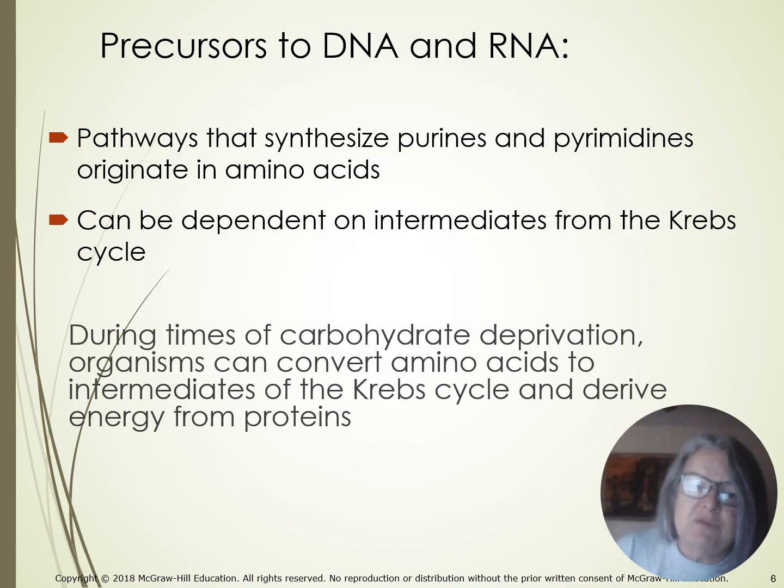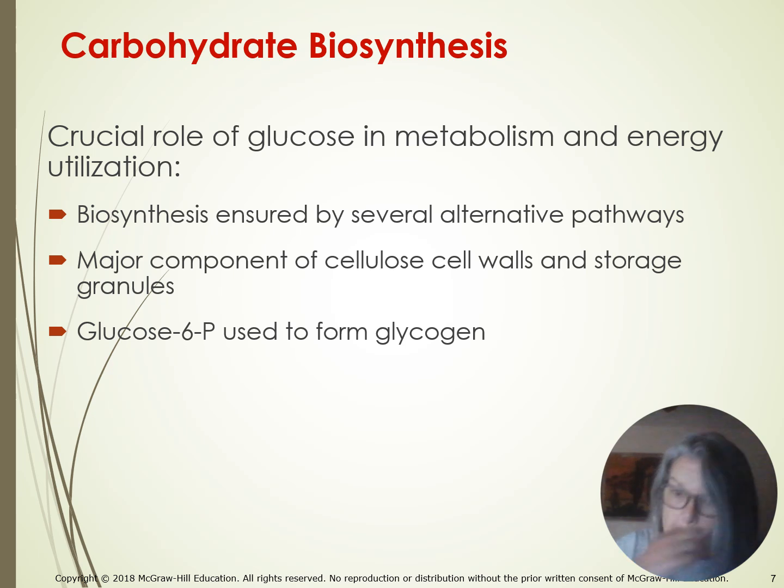And if you are in carbohydrate deprivation, if the cell is starving, is really what that's saying, you can actually convert amino acids and use them as the energy in the Krebs cycle. Now that would not be an ideal situation.